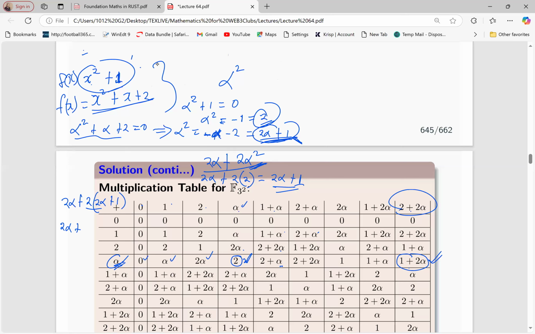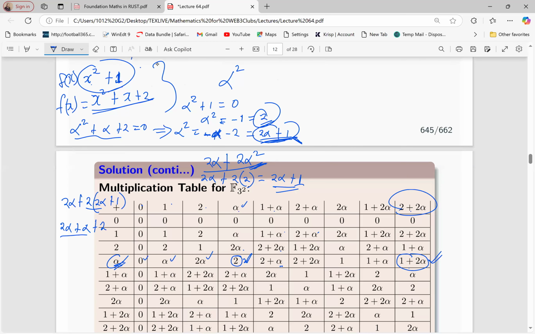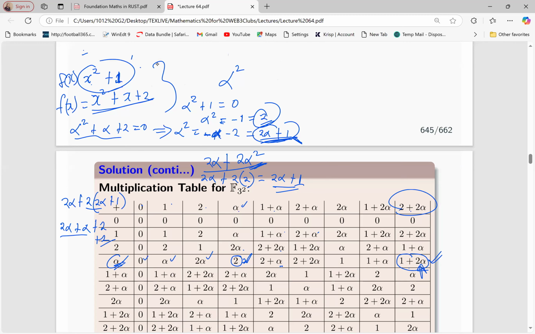This is 4 alpha mod 3, which is alpha plus 2. And so this is 0 plus 2. So then this one becomes 2. So they just interchange if you're using this other polynomial. The rest of the table just remains the same. It's only those other elements that will interchange.